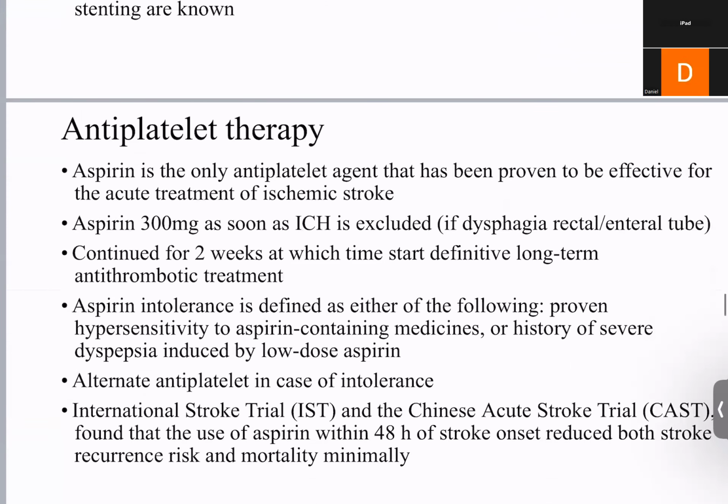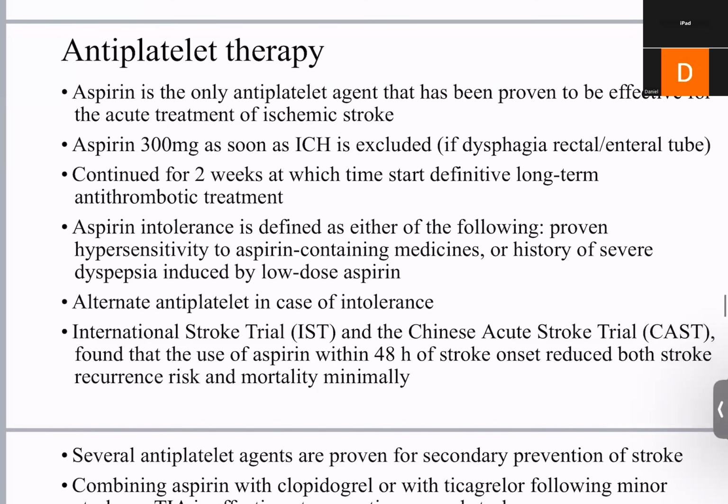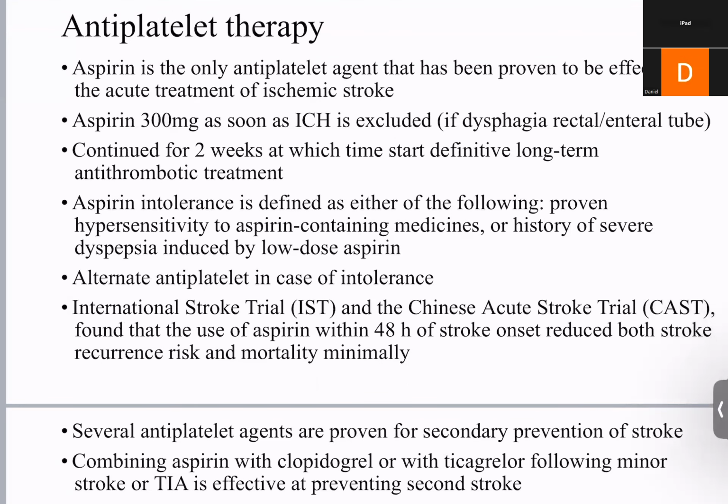So moving on to antiplatelet therapy. Aspirin is the only antiplatelet agent that has been proven to be effective for the acute treatment of ischemic stroke. As soon as ICH is excluded, they recommend aspirin at 300 mg. If the patient is having difficulty in taking oral drug, it can be given through an enteral tube or per rectal.